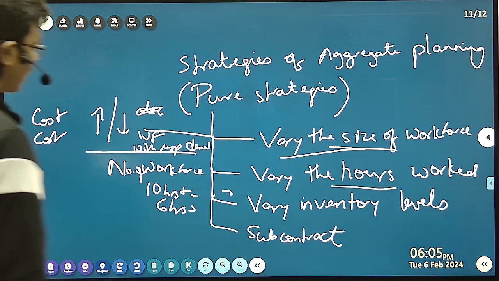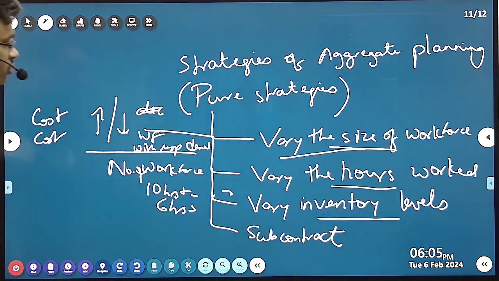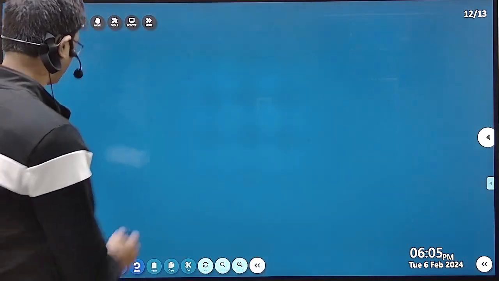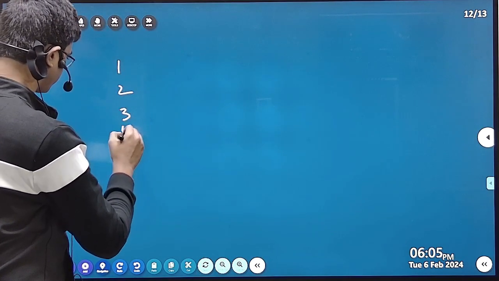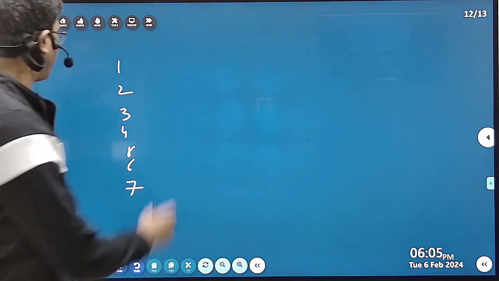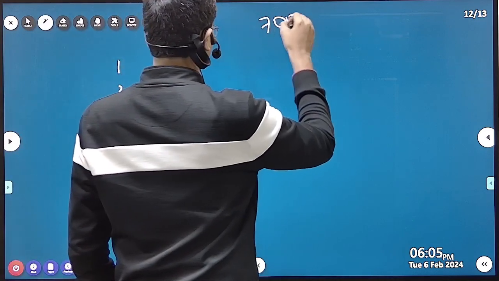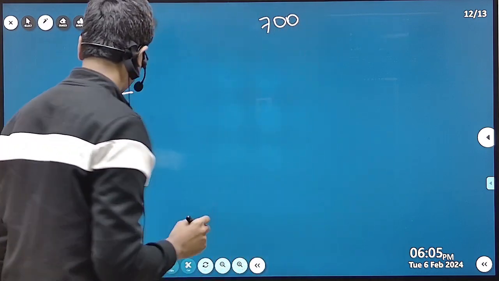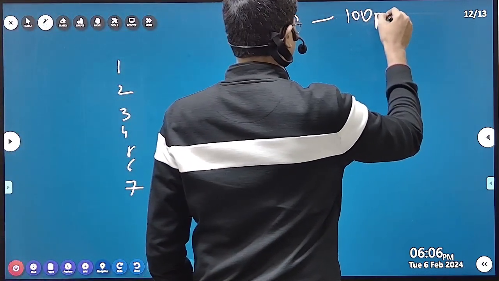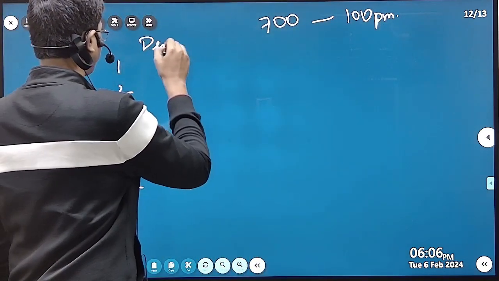Okay. And the third strategy is varying your inventory levels. In this strategy, suppose we are looking at 7 months, and you have a demand of say 700 for these 7 months. Your capacity is 100 per month. But your demand is not uniform.